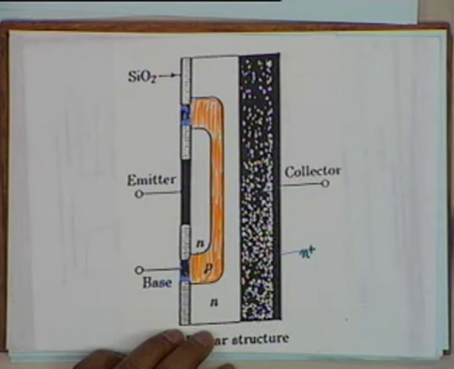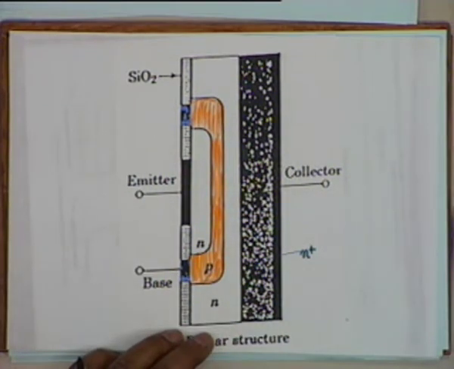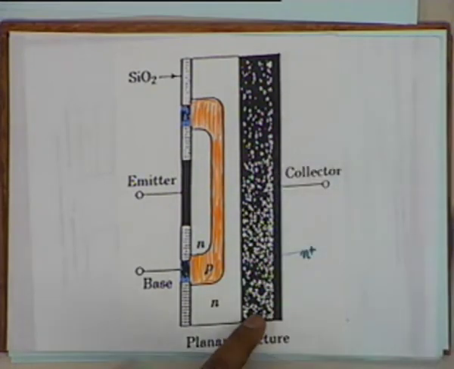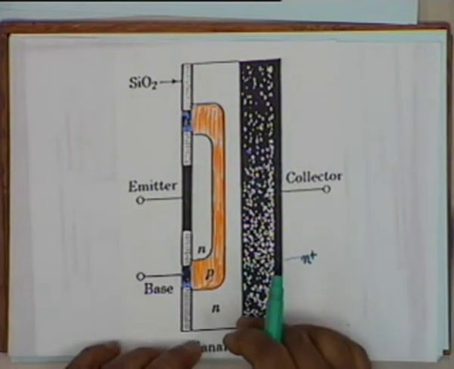That means either arsenic or phosphorus, the donor type of impurity, and the impurity has been introduced in a large dose. It is highly doped, so it is N plus. Now upon this N plus silicon is grown a lightly doped N region.